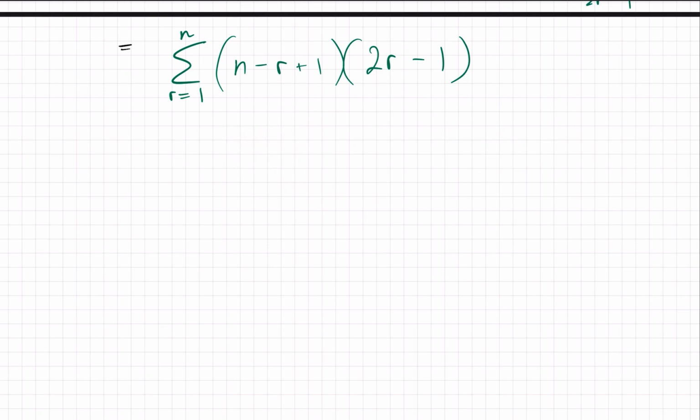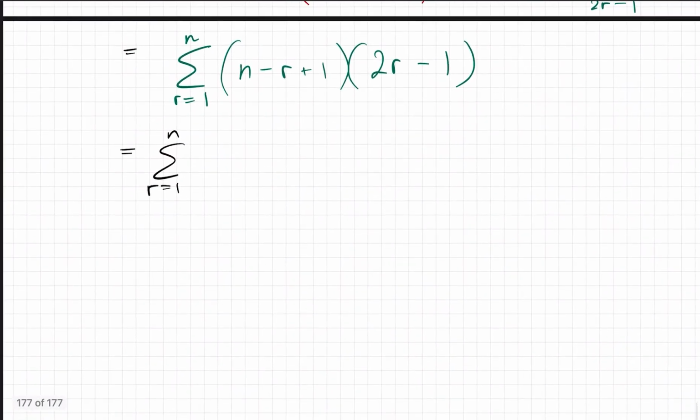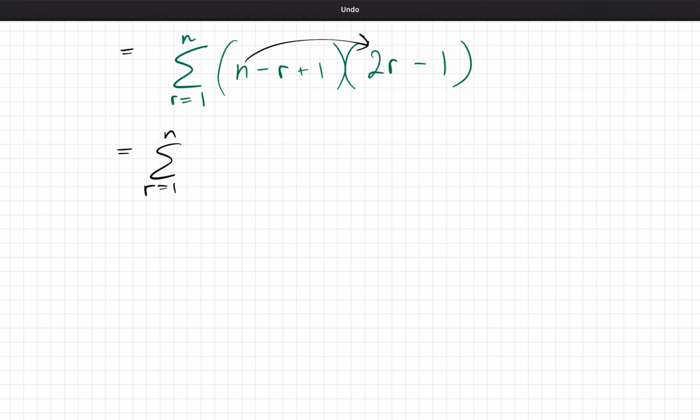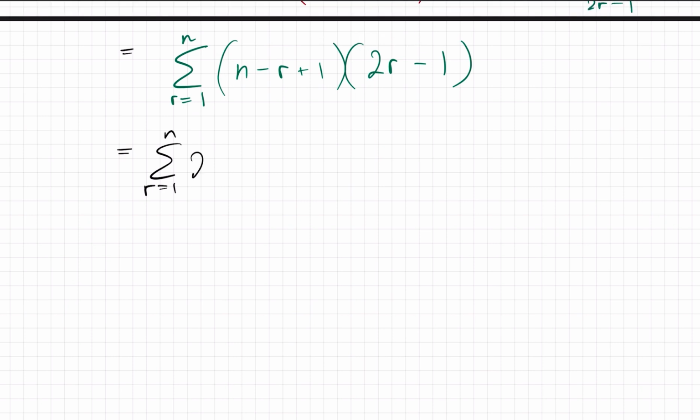And now all that's left to do is let's expand and separate out this sum. So expand this out pretty simply. Okay, we'll just use the FOIL method. This is going to be 2nr minus n minus 2r squared plus r plus 2r minus 1, like so.